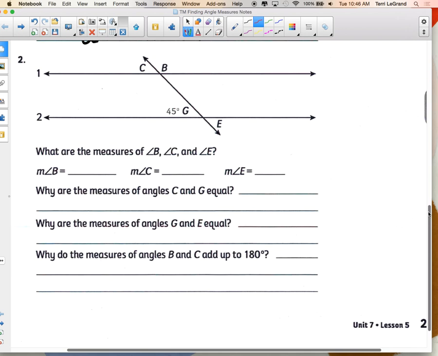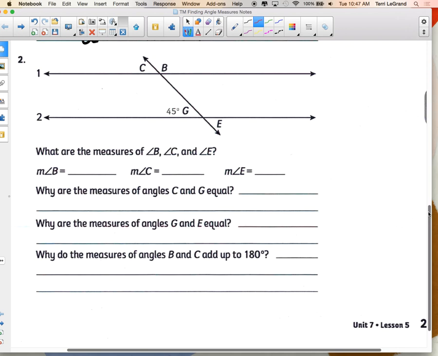Angle C, okay. So let's look right here. I'm going to guess C because we know G, right? So we got to find some sort of a relationship to G, the one we know. So that means if she thinks we can find C, let's go down here and say why they are equal.